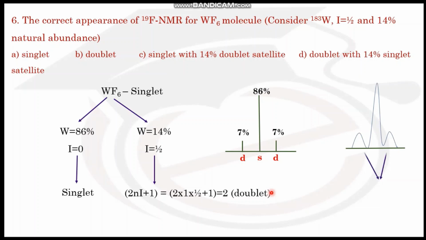Or another representation is like this. Here one big peak is there, and some shoulder peaks are there. These shoulder peaks are known as satellite peaks. So how are we saying this? This singlet has a satellite peak of a doublet. A doublet satellite peak is there.